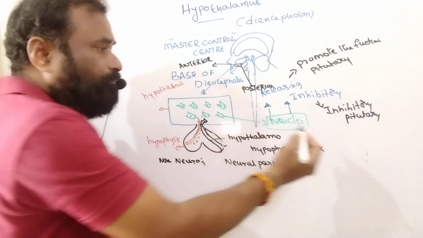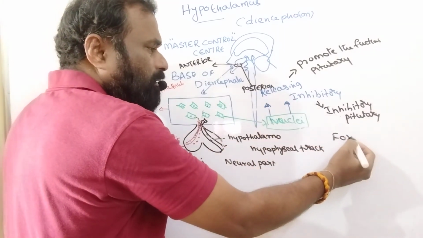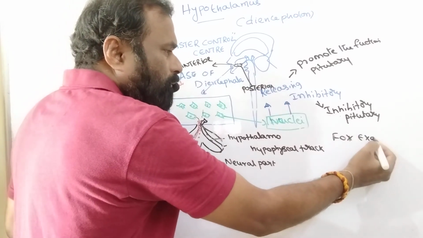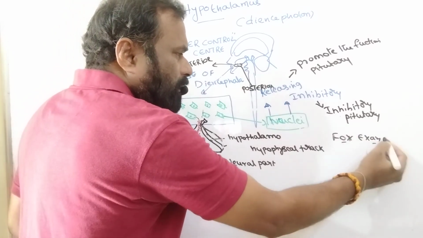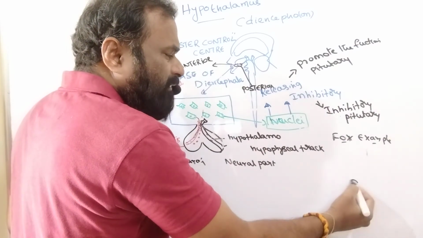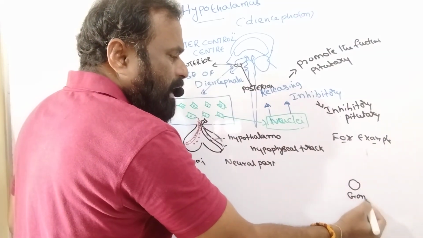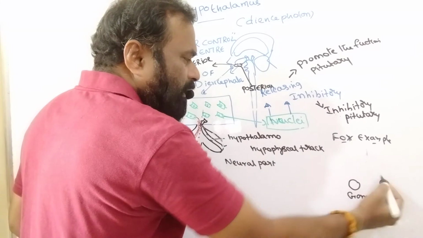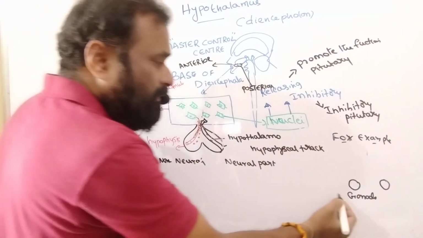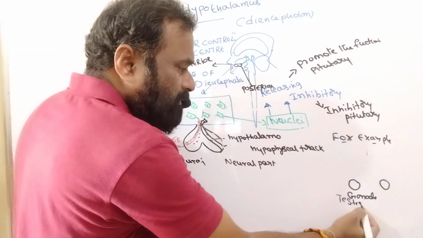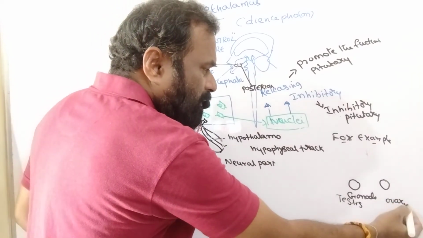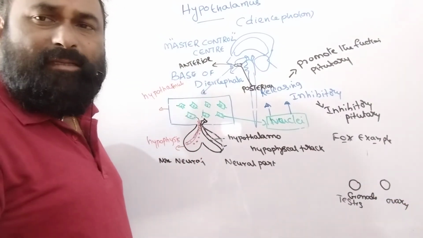For example, we want to activate the gonads, like the testis or ovary. This is the testis. This is the ovary of female. These are said to be gonads.